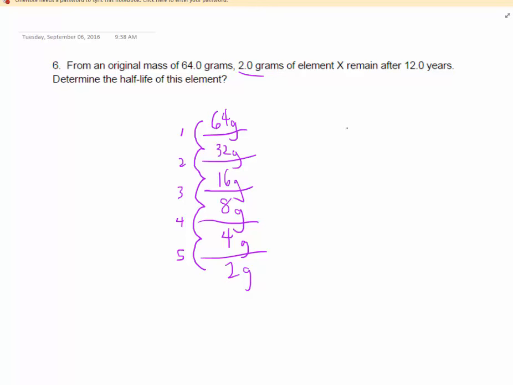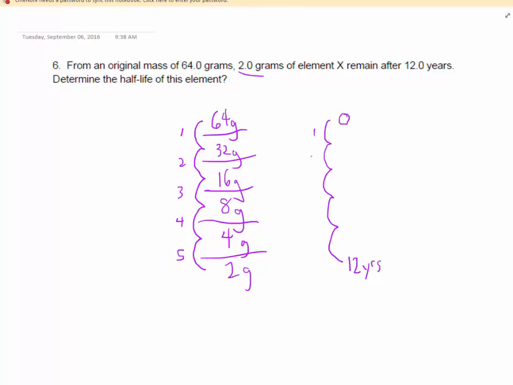Now we need to figure out, if those 5 half-lives occur in 12 years, what is the actual half-life? It always starts at time 0, then 1 half-life, 2 half-lives, 3, 4, 5 half-lives, and at the end of those half-lives, 12 years have gone by.